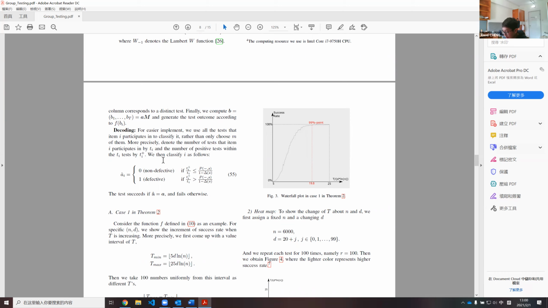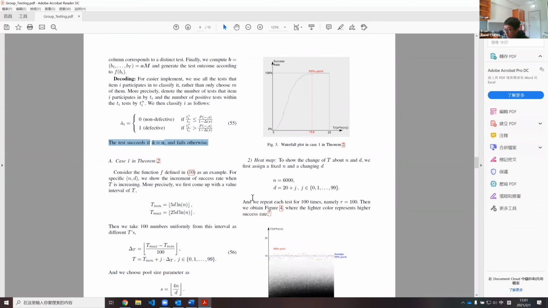And we compare our identification with the original state, and then we can identify I by the ratio between T plus and T. Then we can compare our identification with the original status. If they are the same, we say that our test succeeds. Otherwise, we say that it fails. And we use waterfall plot and heat map to visualize our outcome.